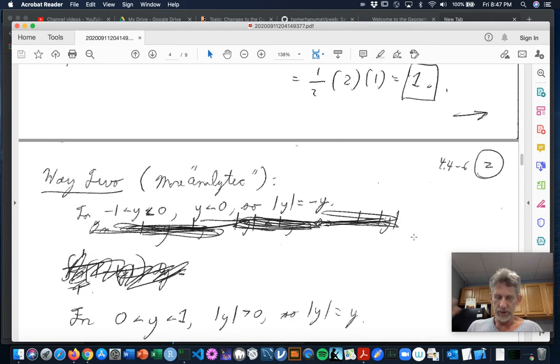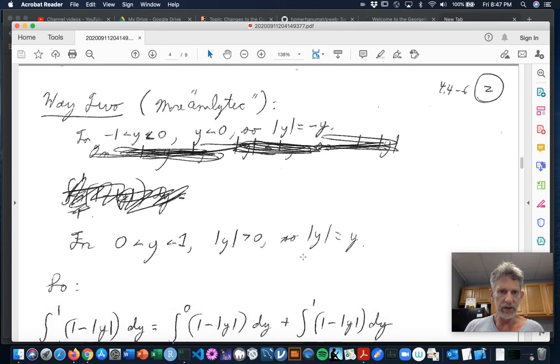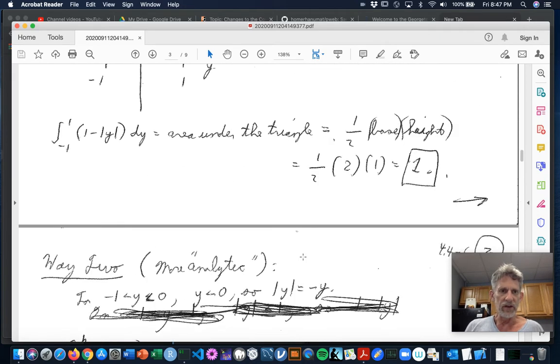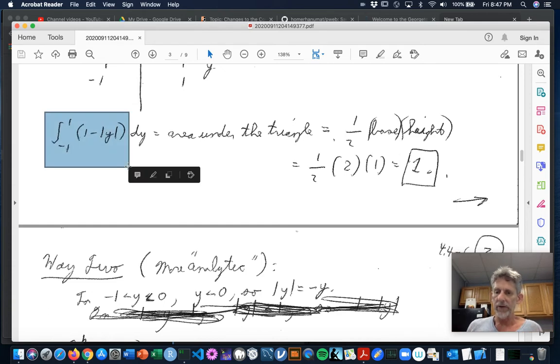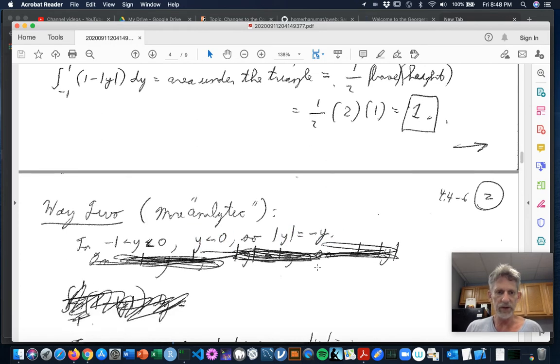You could also be more analytic, and say, let me get this integral by considering that I have to find a way to take off these absolute value signs before I can get antiderivatives and use the fundamental theorem of calculus on this integral. I notice that for the y's from -1 up to 0, those y's are negative, and so their absolute values would be their opposites.